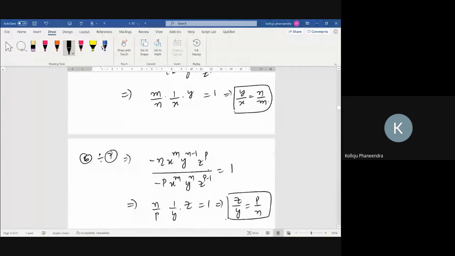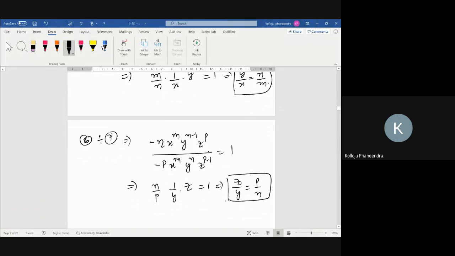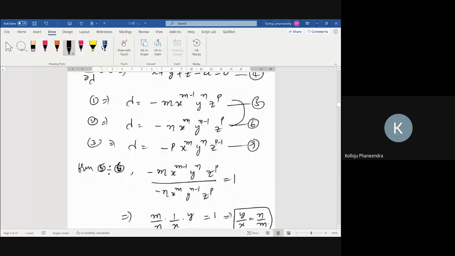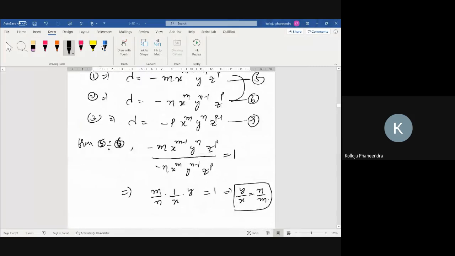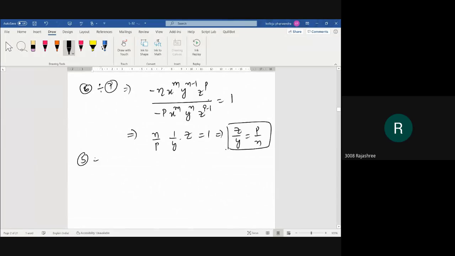You need another condition? Yes, I need x, y, z values, compulsory. Shall I take 5 by 7? Yes, sir, 5 divided by 7.